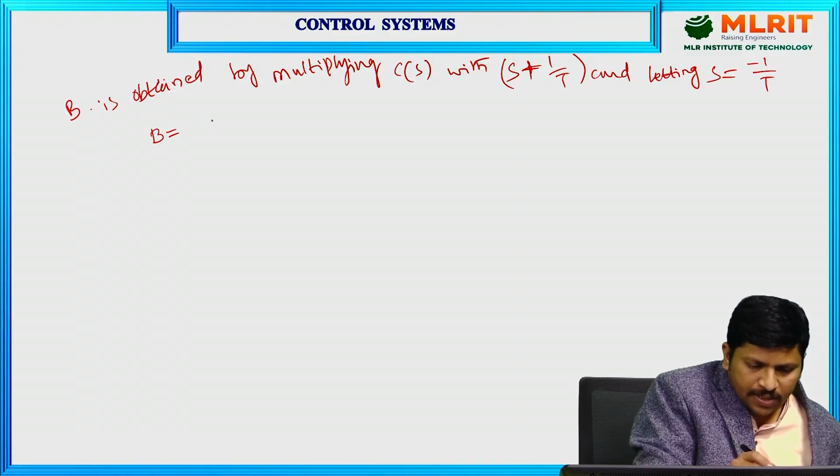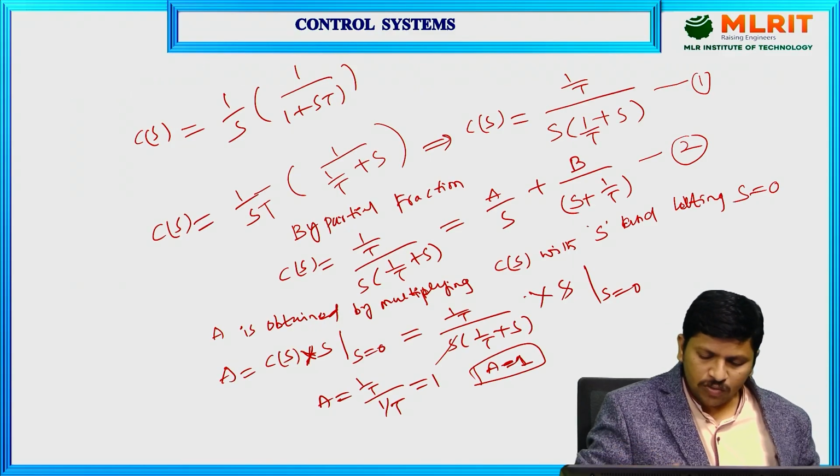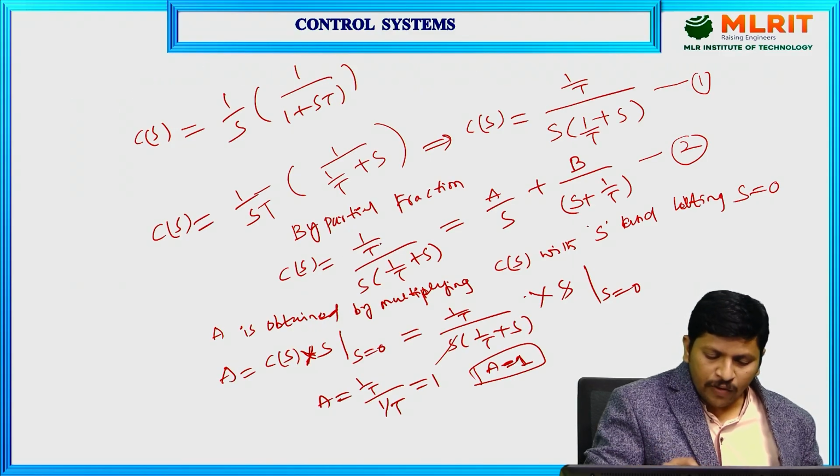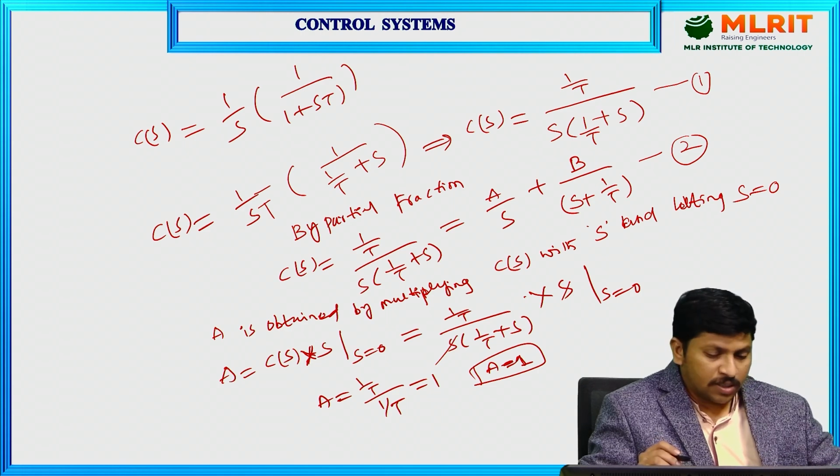Here C of s is nothing but 1 by t divided by s into 1 plus s plus 1 by t.